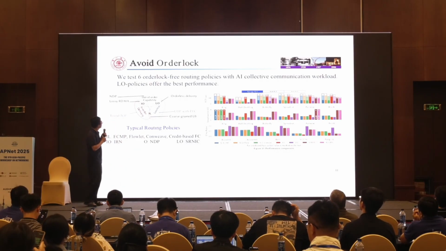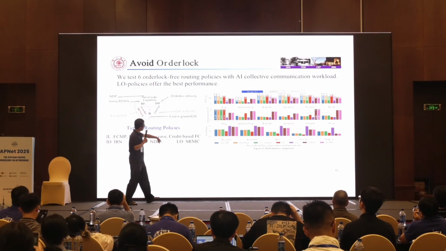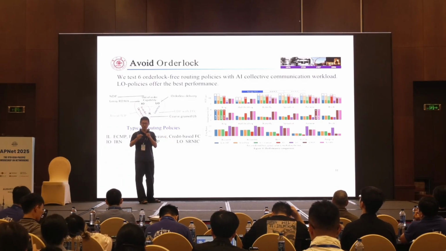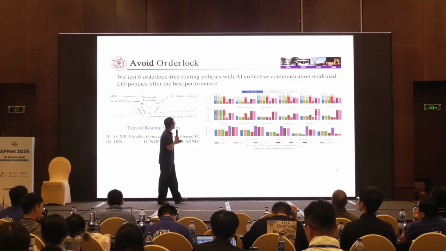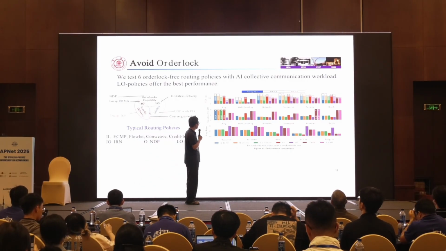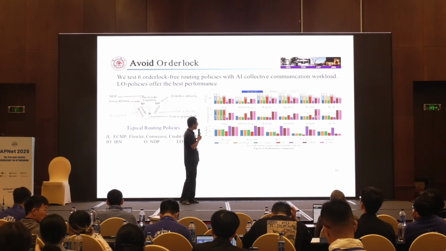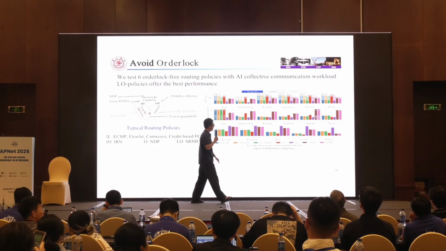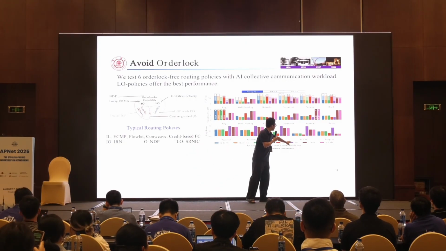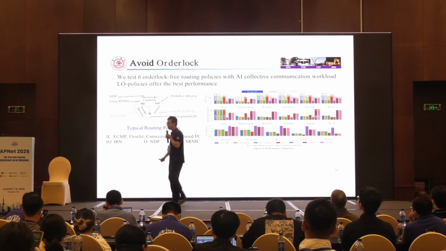So we actually simulate 6 different protocols. For this LO, it is actually the SRNIC from Professor Chen. I think it belongs to LO. We try different collective communication traffic patterns. Our observation is that this LO achieves the best performance among all the simulations.